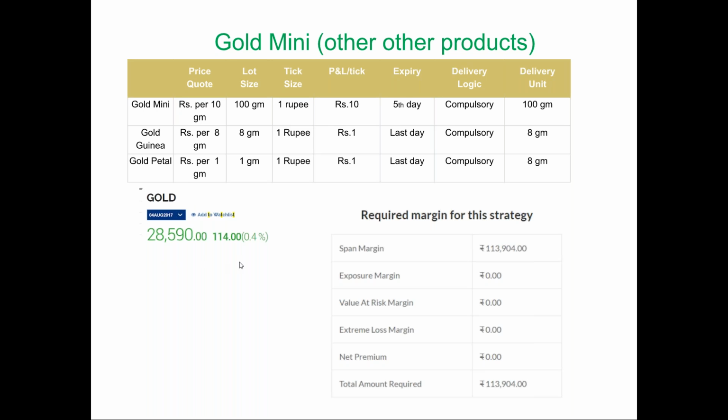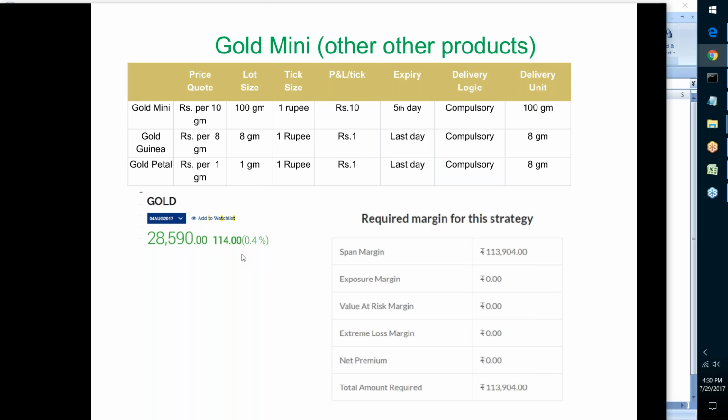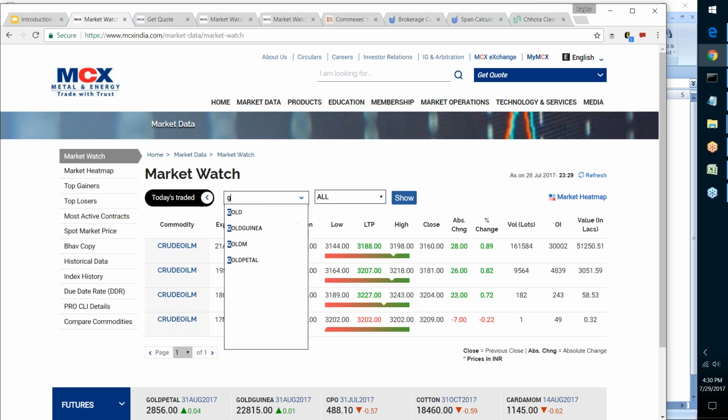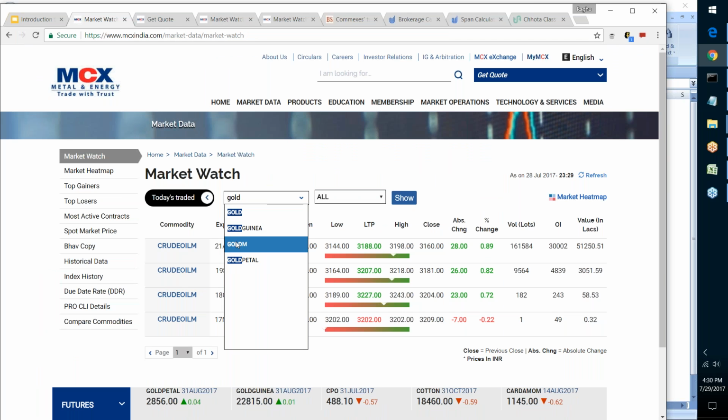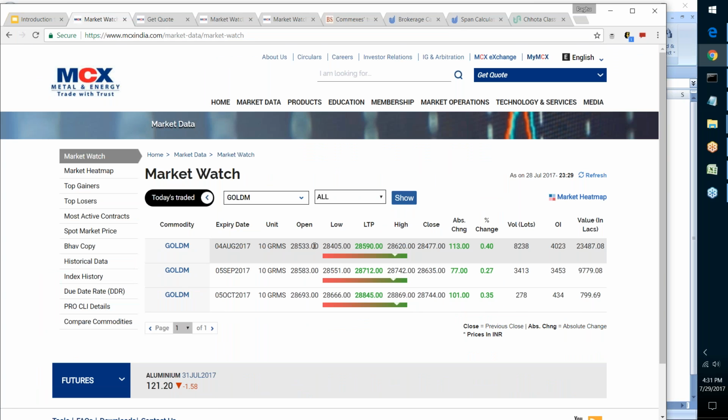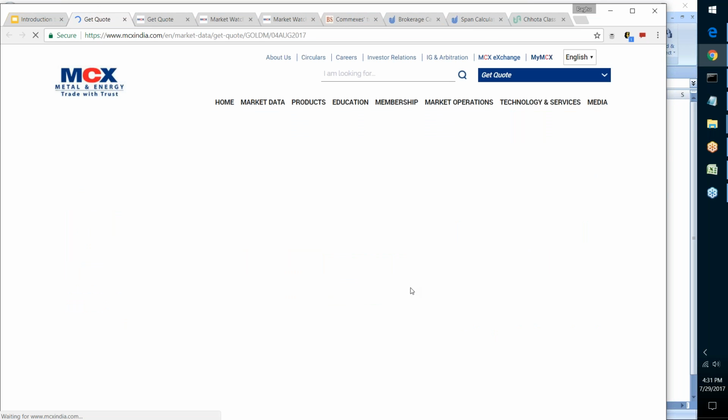I actually put up the price for gold here, which is incorrect, so let me look up the price for gold mini. You can see it's basically the same as gold, quoting your price per 10 grams.